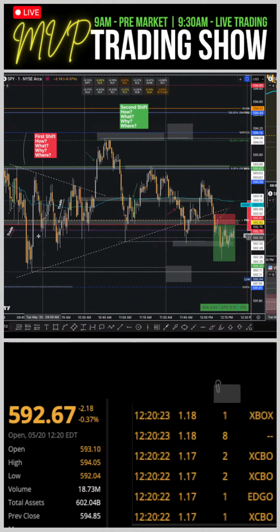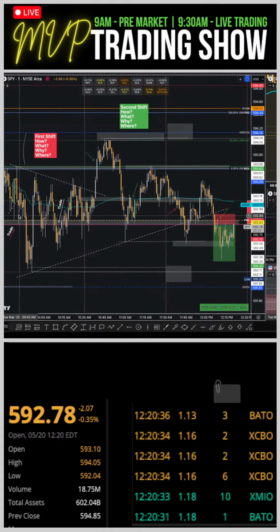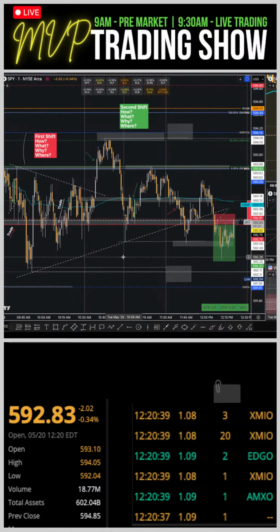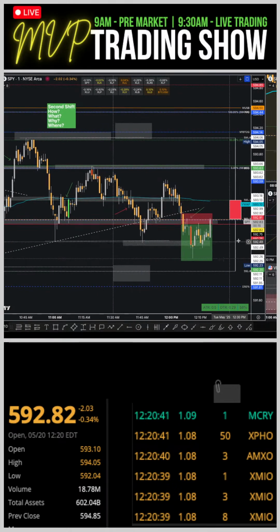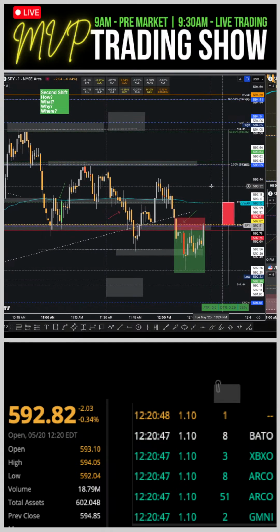Before first shift even closed, I already had 3 under my belt. During first shift, I try to keep it to 1 to 2, maybe 3, but during the first 10 minutes I already had 2 trades. As far as the quantity of trades, I'm on the high end, so I'll look to dial it back going into tomorrow.